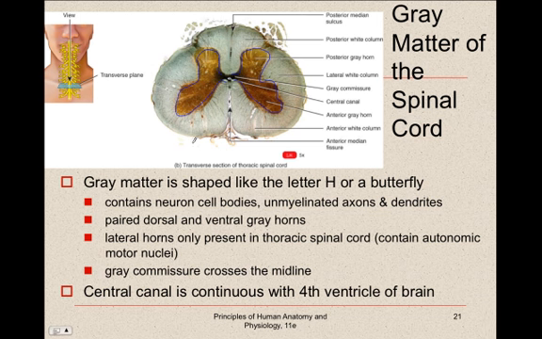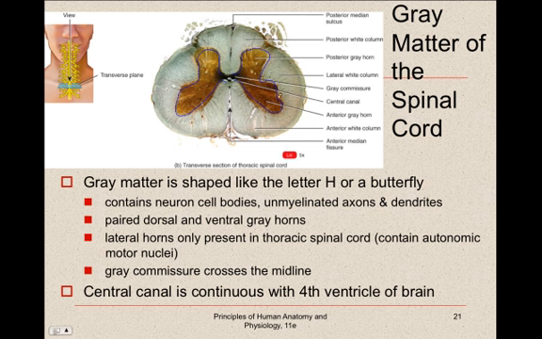If you look again, we're going to have these paired horns. If you want to orient yourself, in a picture like this one, we don't have the anterior and posterior roots of the spinal nerves. So the way that you can orient yourself is that the large wings of the butterfly are going to be the more anterior region.